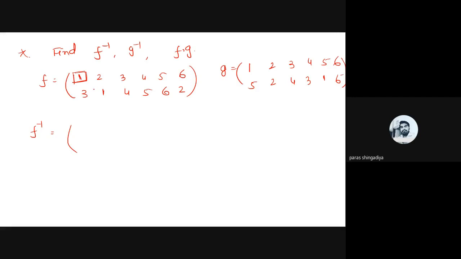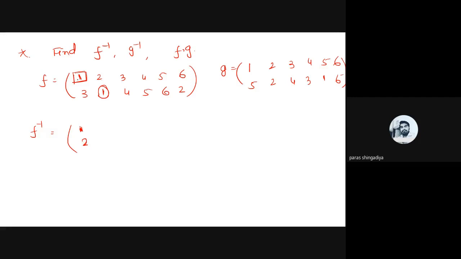Just take the output values in the second row, that is 3, 1, 4, 6, 2, and for f inverse we consider the 1 output there. So what is 1? That is the output here, and what is its input value there? That is 2. So the inverse of 1 will be 2.